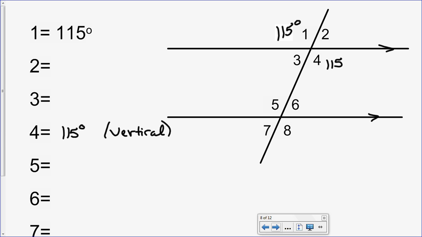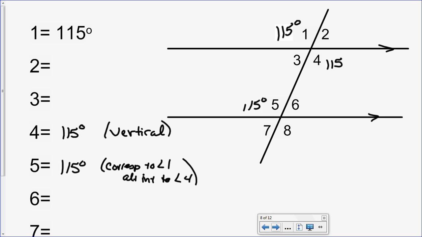Why is 5 115 degrees? It's alternate interior to 4. It's corresponding to 1. So both of those are right. Okay? So corresponding to angle 1 or alternate interior to angle 4. Okay? So write those in there.